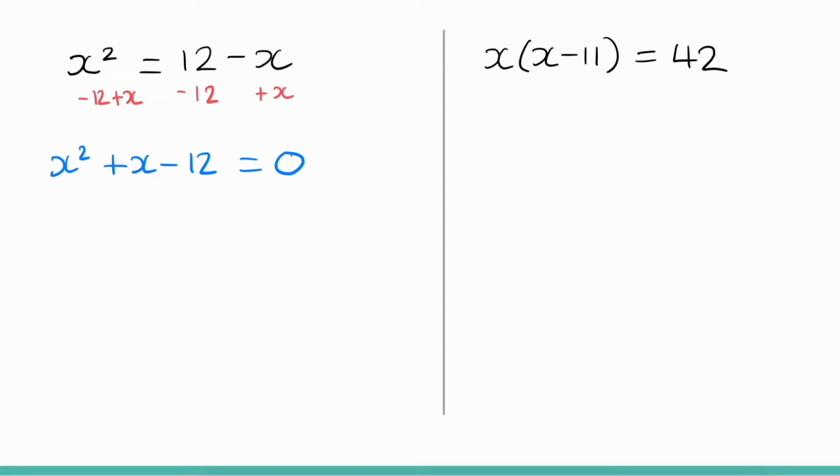So once I've got to this point, I can then factorize the equation, or if I can't factorize, then I'll complete the square, then I will use the quadratic formula so that I can then solve it. So for this first one, we're looking for two numbers that multiply together to make minus 12 and add to make 1. So minus 12 could come from 3 and 4, or 1 and 12, or 2 and 6.